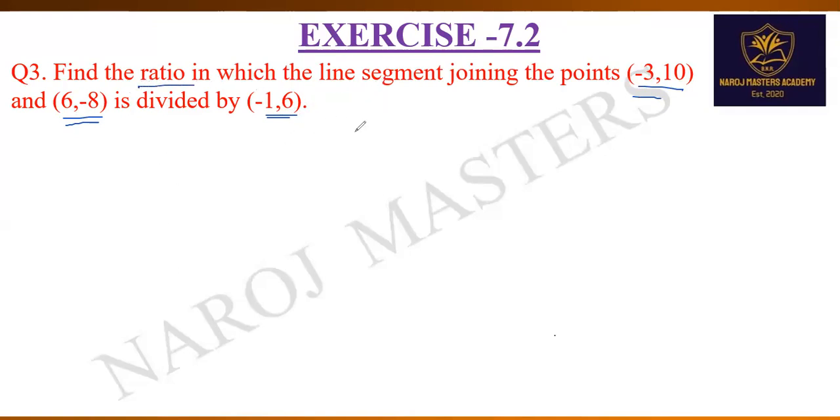So here P of x comma y is equal to (-1, 6), and x1, y1 and x2, y2 are the end points. Okay. Now substitute in this formula again.